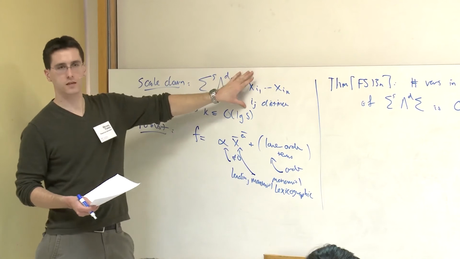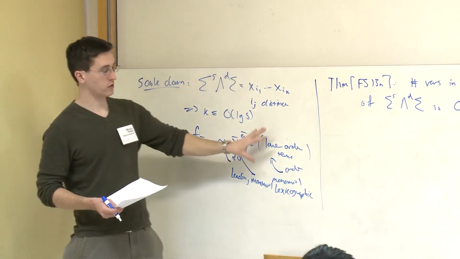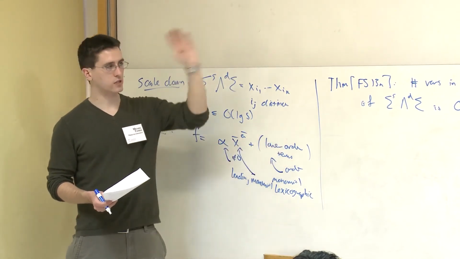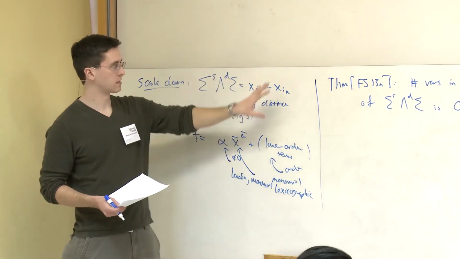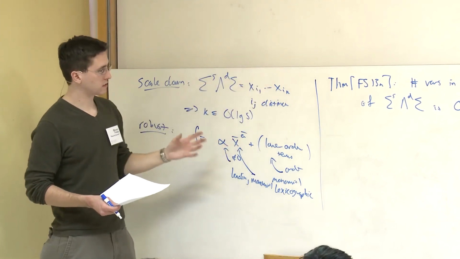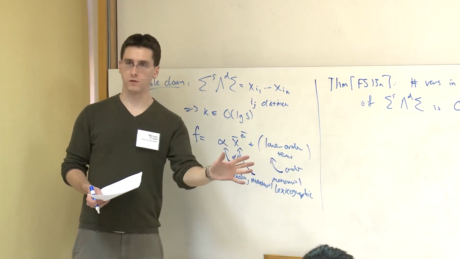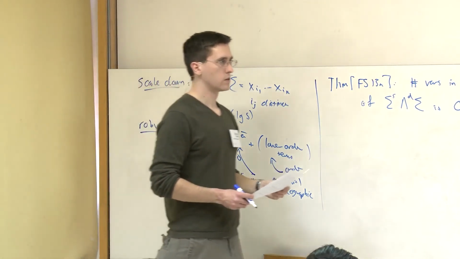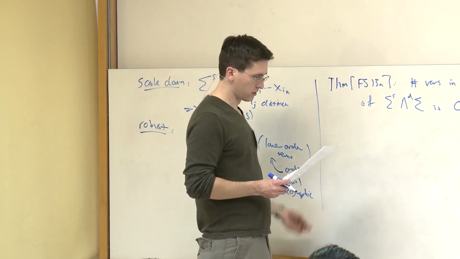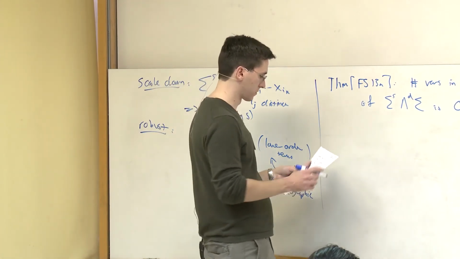It's the same thing going on here. If I promised you there were no lower order terms, I could just immediately appeal to this black box and get this result. What I'm saying is that this lower bound is robust. You can ignore lower order terms, and the lower bound still goes through. So let me sketch this for you.